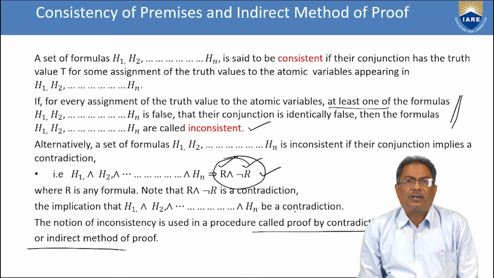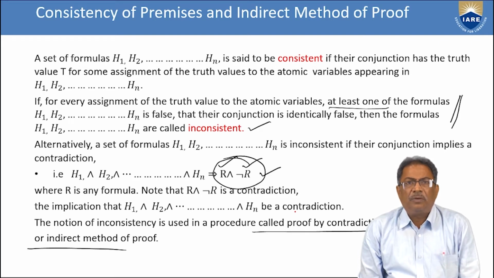If in at least one possible situation H1 and H2 and so on, Hn is true, then they are consistent. Otherwise, they are inconsistent. That means if in all possible situations we get false, then it is inconsistent.